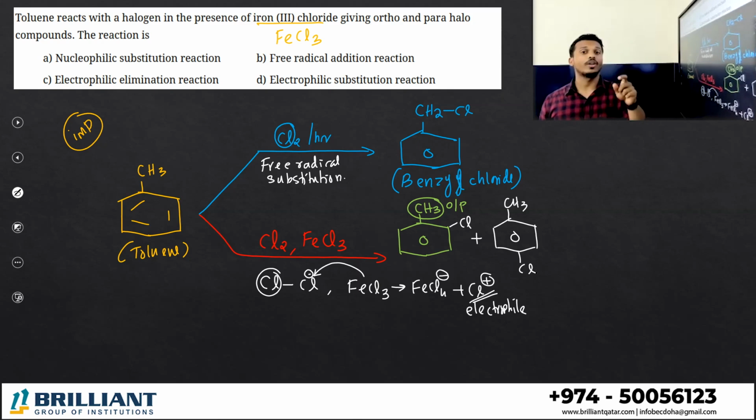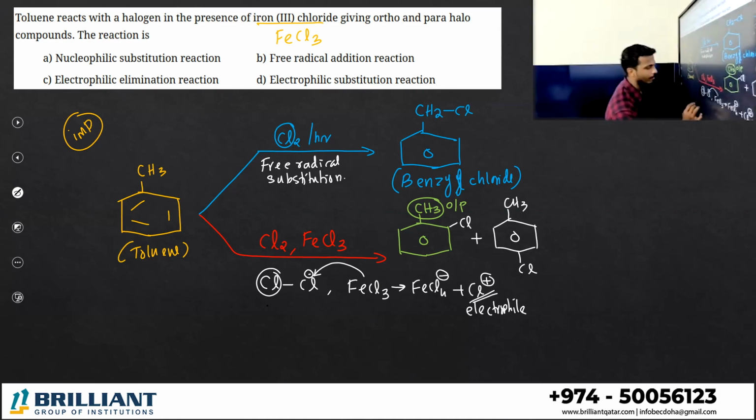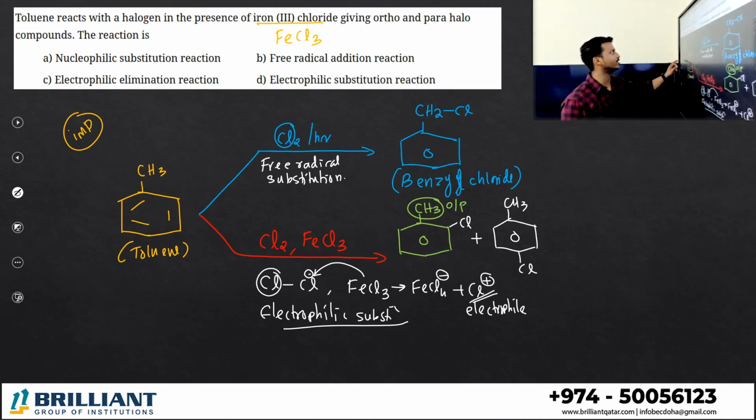If you do chlorination in presence of a catalyst, it undergoes electrophilic substitution reaction. So what is your answer? Toluene reacts with the halogen in presence of FeCl3 catalyst: it will undergo electrophilic substitution reaction.